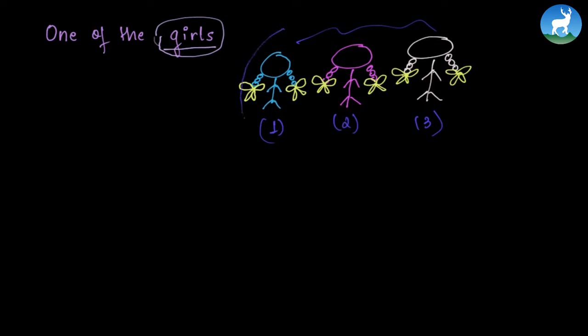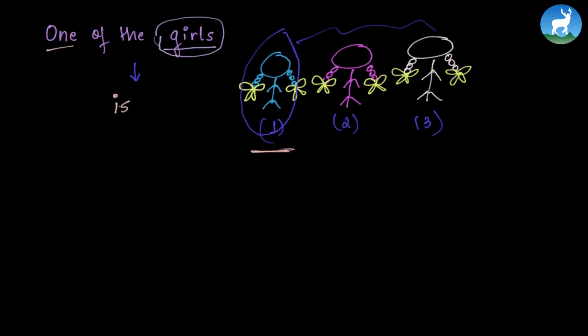So maybe we're talking about only this girl. So we use a singular verb here. Though girls denotes plural form, because we have one among those girls, only the first girl among these 3 girls, we use is.